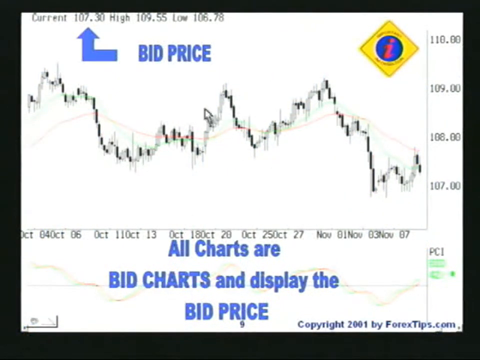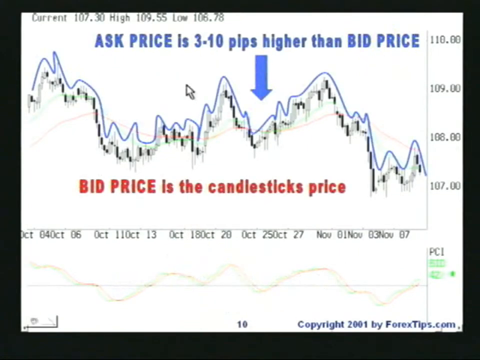All the charts we look at are bid charts, and charts are monitoring a bid and an ask price. As the market is moving, you can either choose a bid chart or an ask chart, but the majority of traders use bid charts. All charts are bid charts and display the bid price and the bid movement. There is that spread between bid and ask.